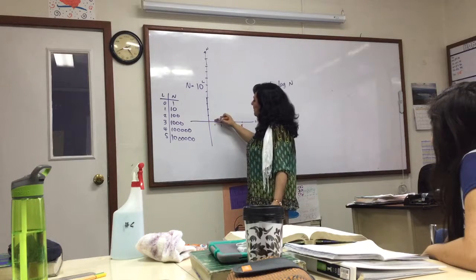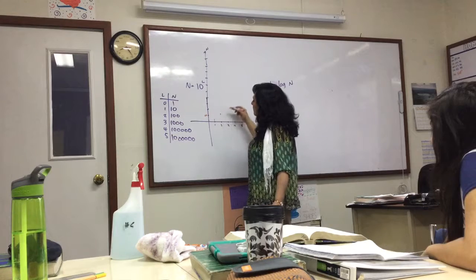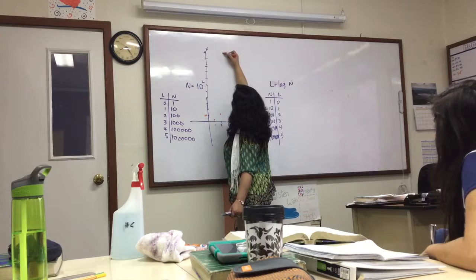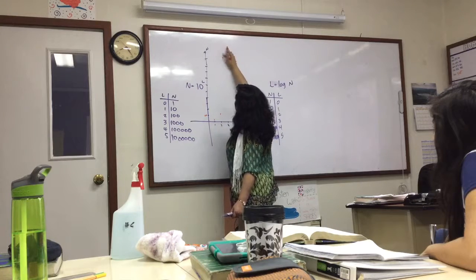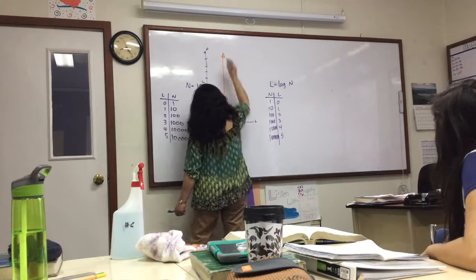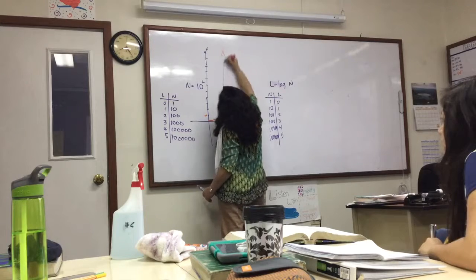For 1, it's 10. For 2, it's 100. For 3, it's 1,000, so it's all the way up here, and so on. So it's going to look like this, a little bit inclined because it's going to keep rising, right?